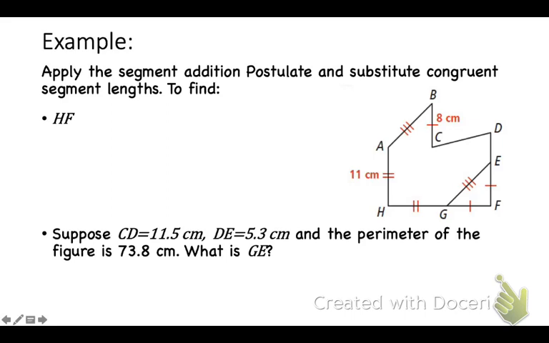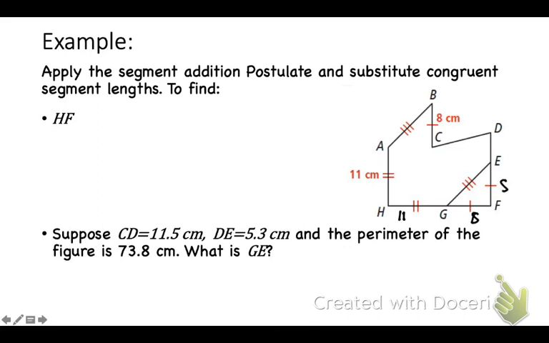So let's see what we've got here. Then we need to have HG was 11. I just have to start over with my writing, sorry. And we said that GF was the same as EF, which is the same as BC, because they all have one hash mark. So I'm going to put 8 here.